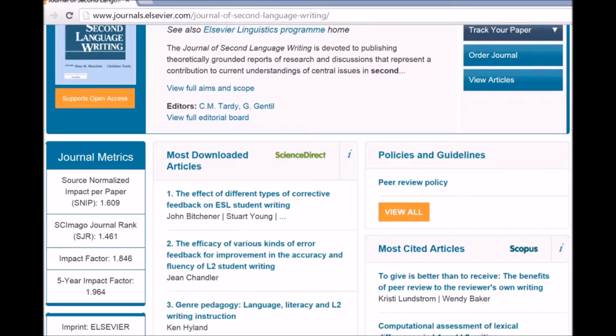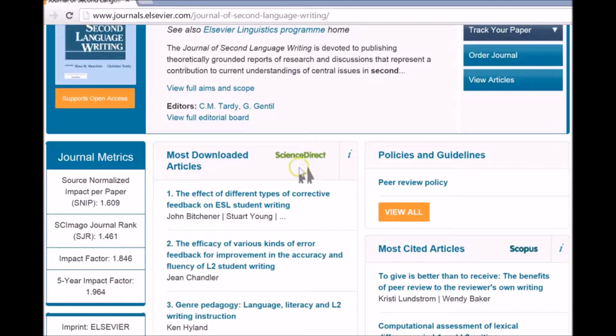So there are a number of numbers, and then what you would do is compare this number to the numbers of other journals. It takes a number of years for a journal to get an impact factor. So if it's a brand new journal, it won't have one. And that raises a red flag, although many journals are new journals and don't have them.